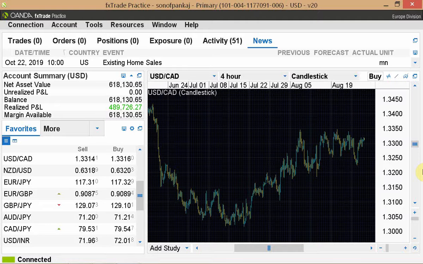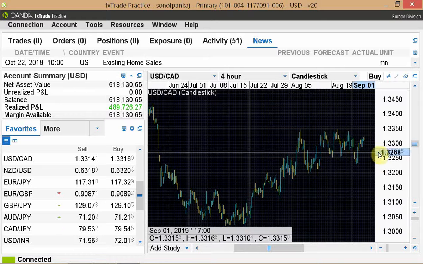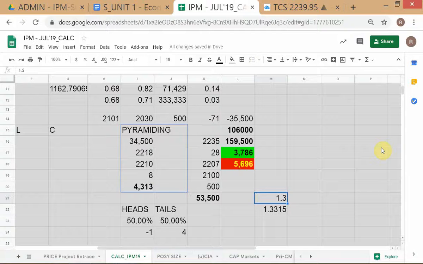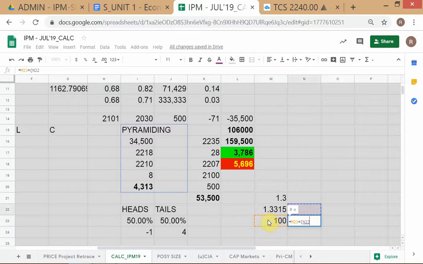So in dollar Canada the terms asset is Canadian dollars. I enter at 1.3315 and exit at 1.3, and I buy 100 dollars. How much is my projected loss? 100 into, I should put the exit first, so I'll get a negative number.